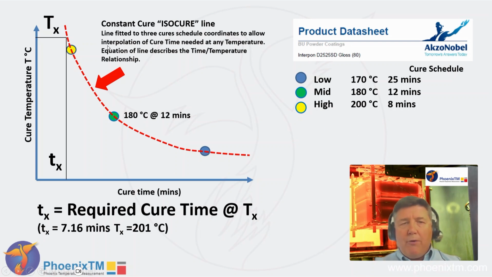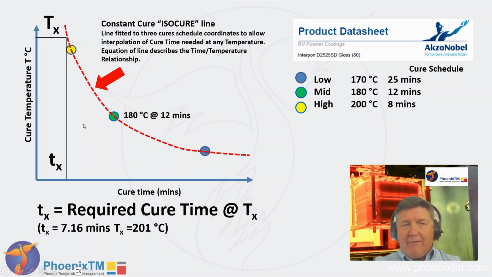If we plot those on a temperature time trace, you can see that we have unique cure conditions at those 3 temperatures. But if we fit an exponential line to that data, we now have the means by which we can interpolate the required time at any curing temperature.